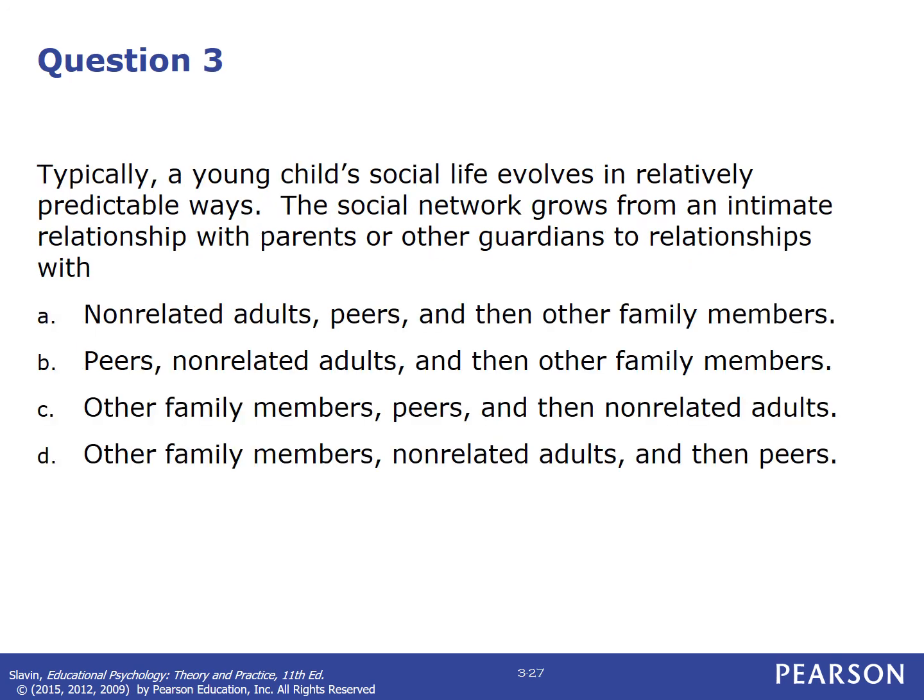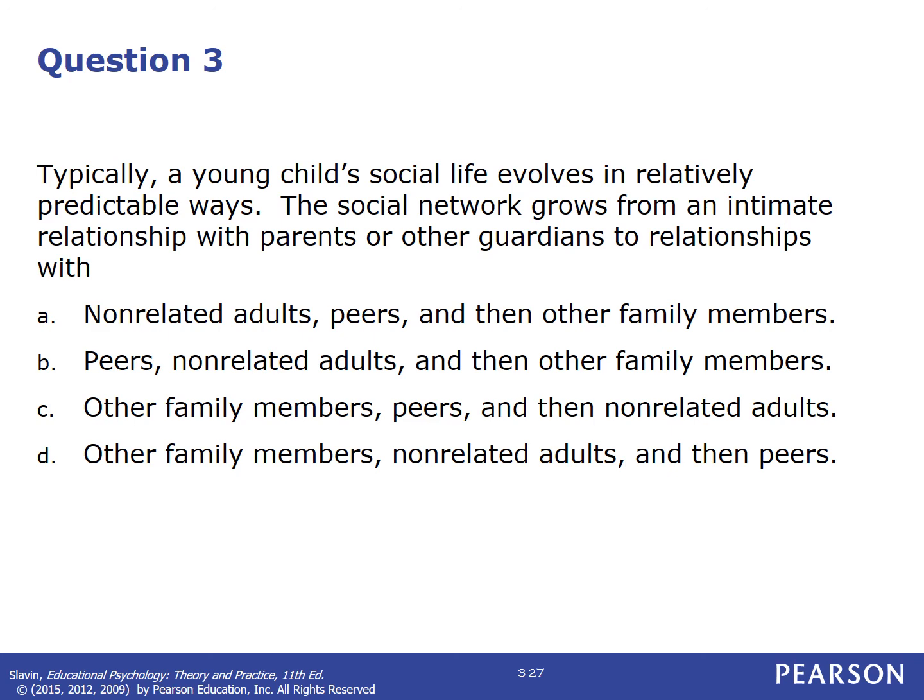Question 3. Typically, a young child's social life evolves in relatively predictable ways. The social network grows from an intimate relationship with parents or other guardians to relationship with which of the following, in what order? A, non-related adults, peers, and then other family members. B, peers, non-related adults, and then other family members. C, other family members, peers, and then non-related adults.